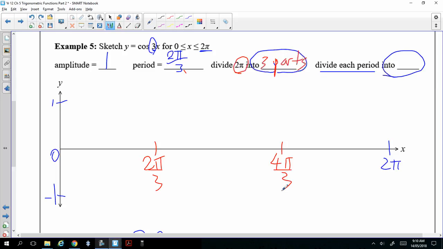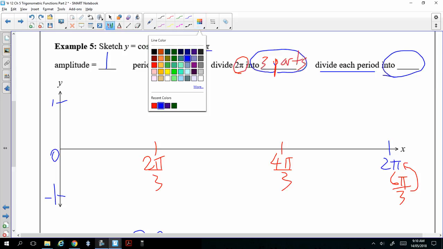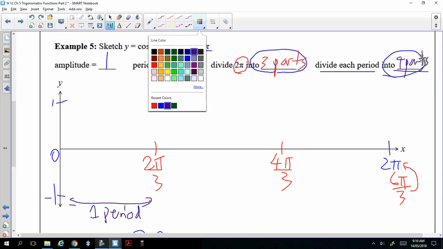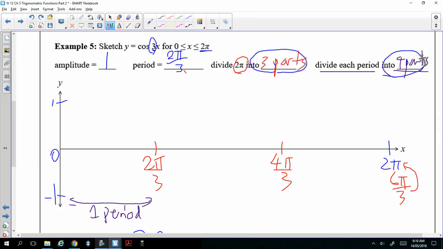So we're going to divide each period, remember this is a period, into 4 parts. Because there are 4 quadrants in a period, right? That's 1 period. So you have to divide into 4 parts. Dividing into 4 parts is easy, just half twice. So halfway, halfway, halfway.